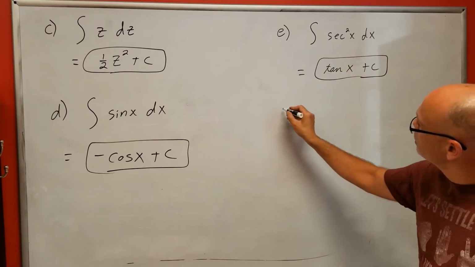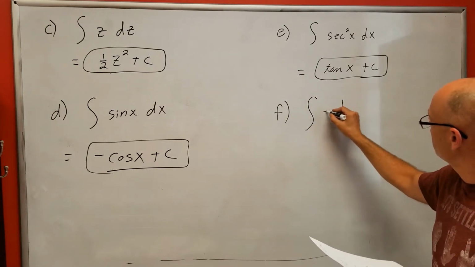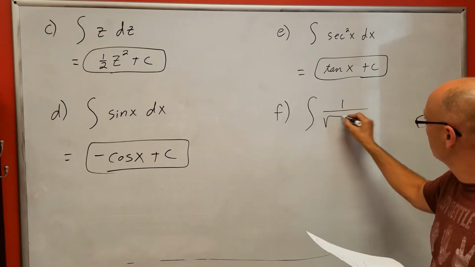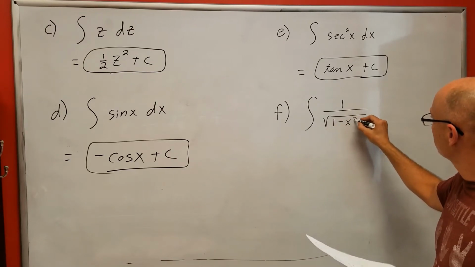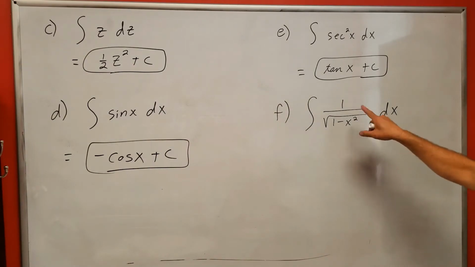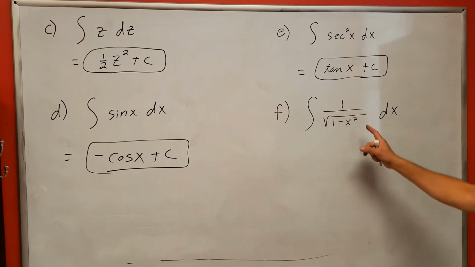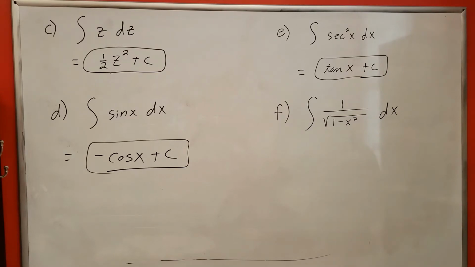How about f? What about an antiderivative of 1 over the square root of 1 minus x squared dx? Is that a power of x, first of all? That I could just add 1 to and divide by the new exponent? No. Is it x to the negative 1?